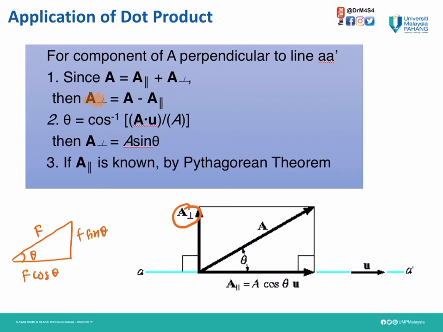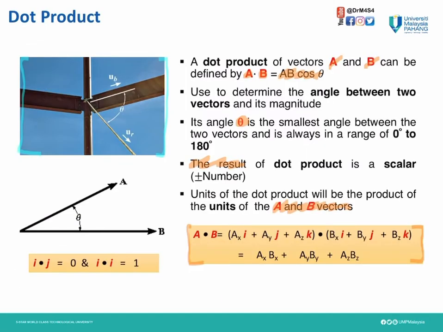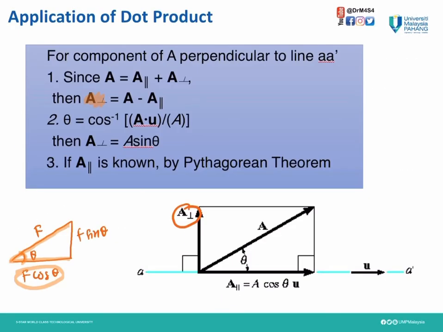So for this part, for you to remember, if you have F at an angle of theta, we can resolve that into X as F cos theta and Y as F sin theta. This is what you're going to apply in this handout.